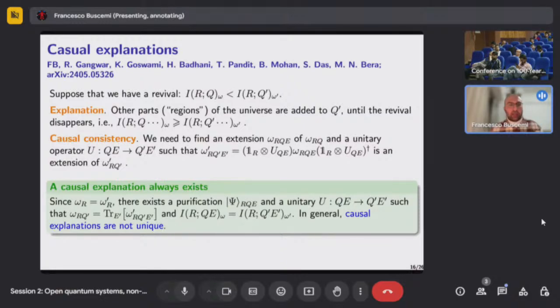And a causal explanation is also known as information backflow, because you explain the revival of information by imagining that some information has flowed from this environment back into the system. All right? So the information that you see in the system is due to some kind of flow that brings these correlations to the system again.